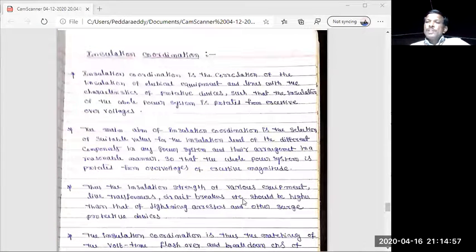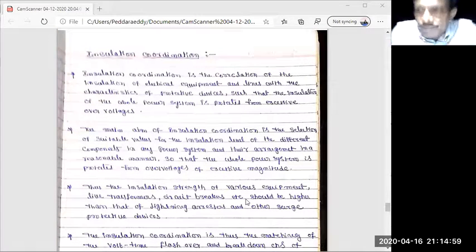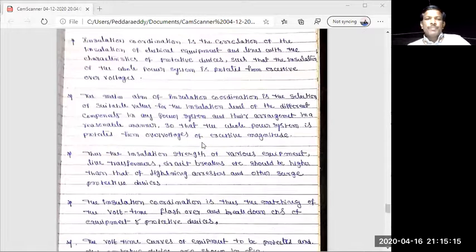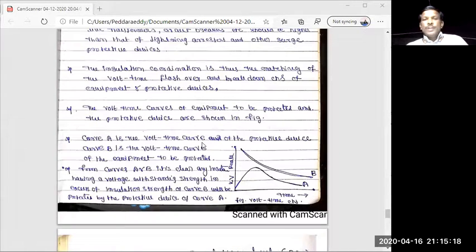Coming to insulation coordination. Insulation coordination is the correlation of the insulation of electrical equipment and lines with the characteristics of protective devices. Actually, the insulation coordination is the matching of volt-time flashover and breakdown characteristics of equipment and protective devices.